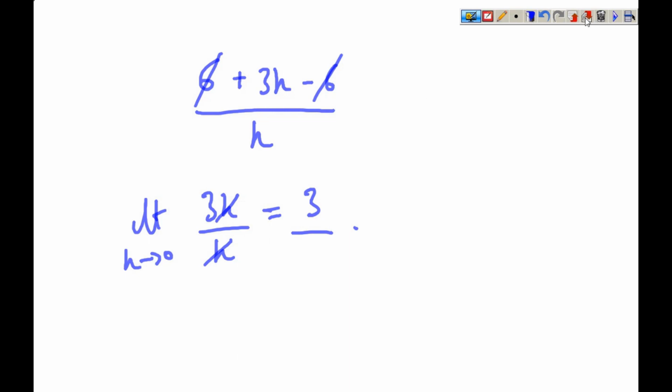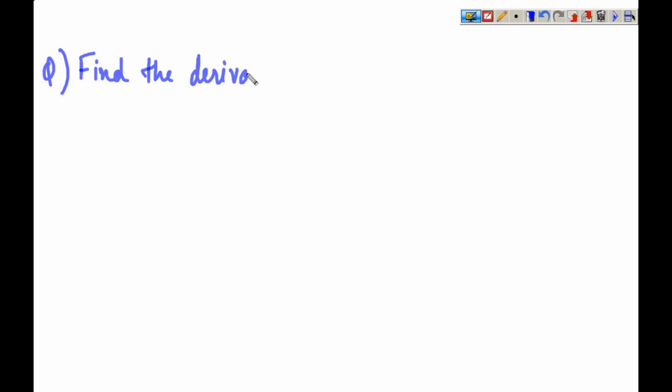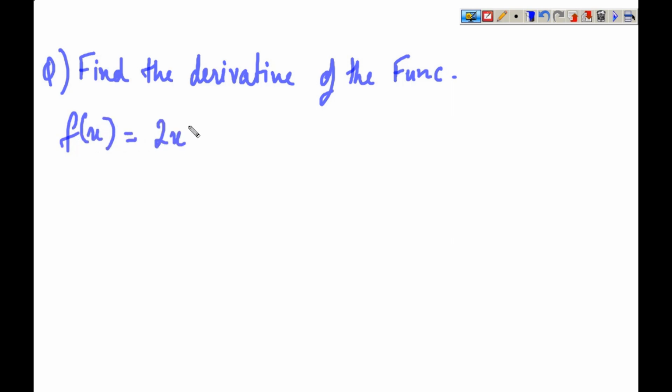So now moving on to the next question, we need to find the derivative of the function f of x equals 2x squared plus 3x minus 5 at x equals minus 1.